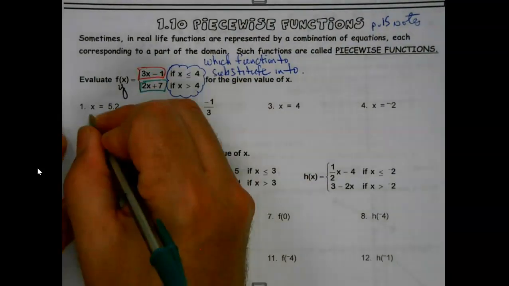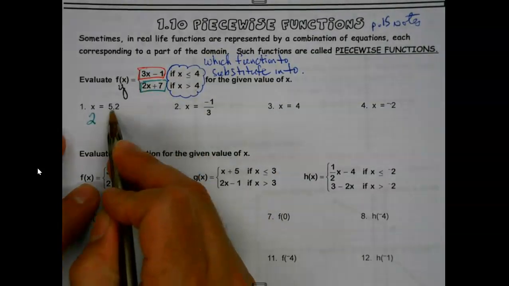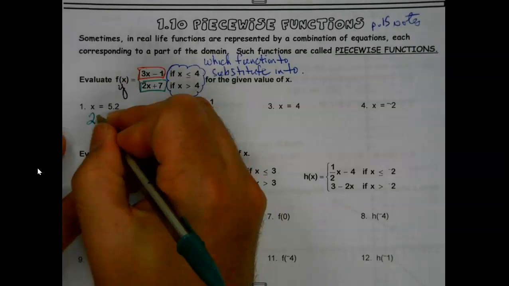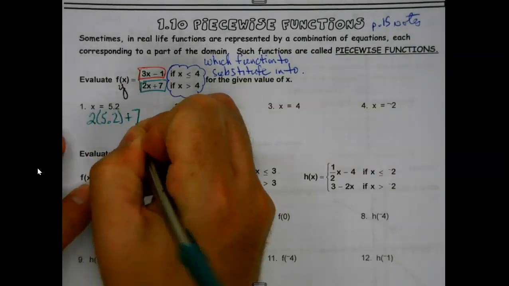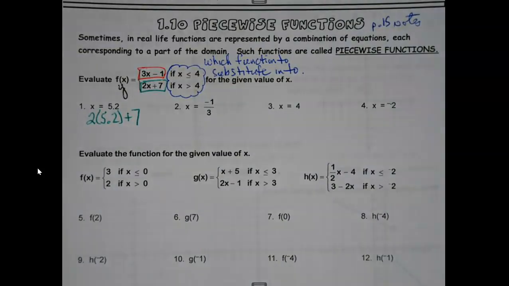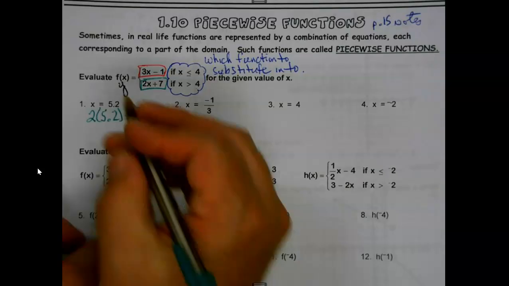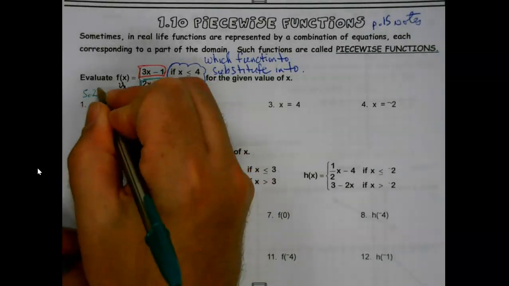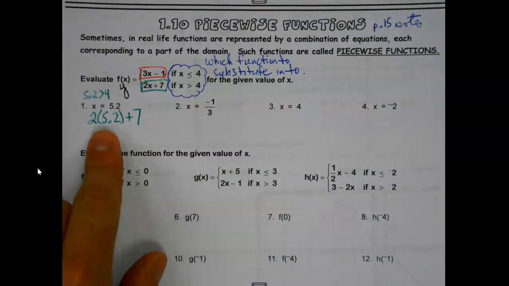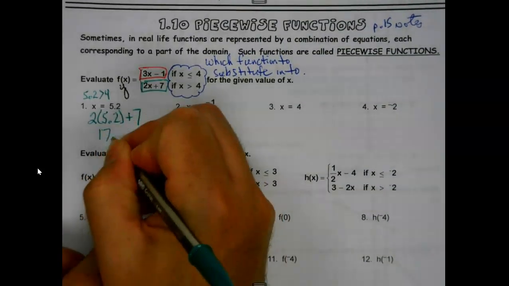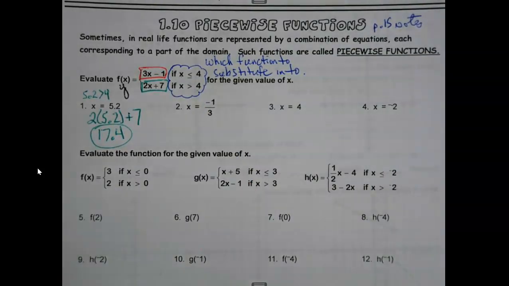So we're going to take that 2 times x plus 7, but we're going to replace the x with the 5.2 because that is greater than 4. I'm even going to write that up here just so I can kind of get myself thinking about that a little. Plug that into the calculator. Get my solution.